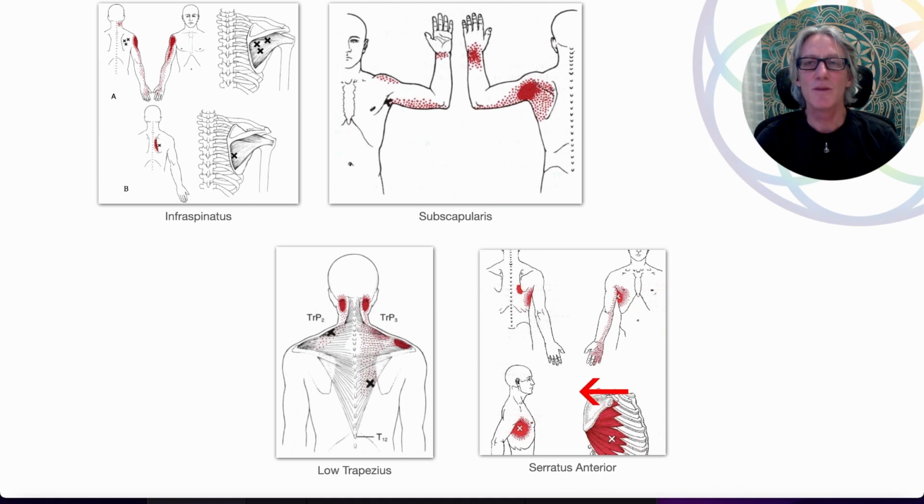These are usually the primary source of any type of shoulder pain and dysfunction. The low trapezius can refer across the top of the shoulder. The serratus anterior muscle will refer pain up along the lateral border of the scapula into the infraspinatus and the subscapularis, which then refer their pain to the back of the shoulder and the front of the shoulder.